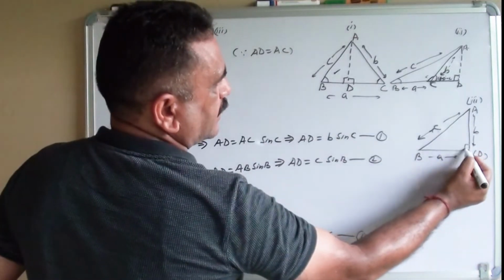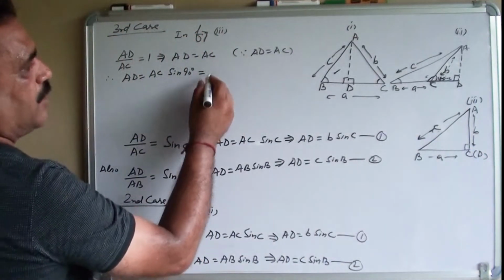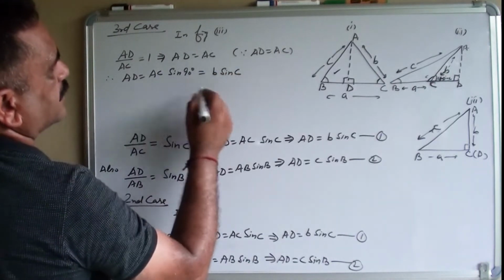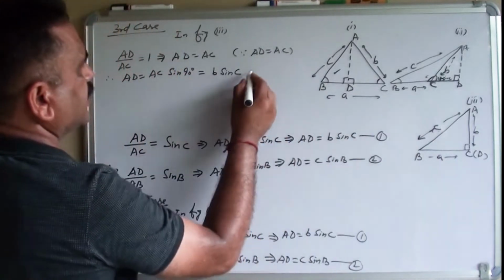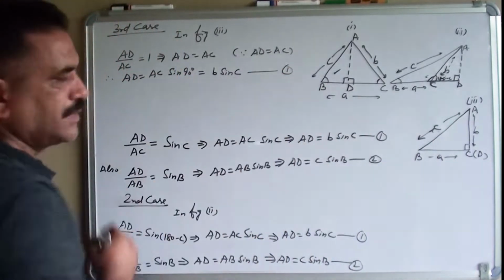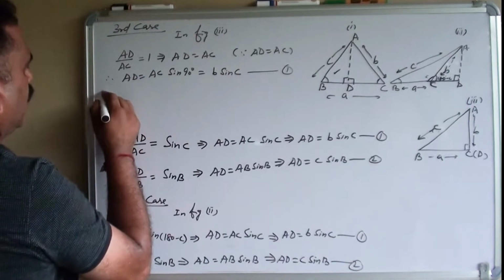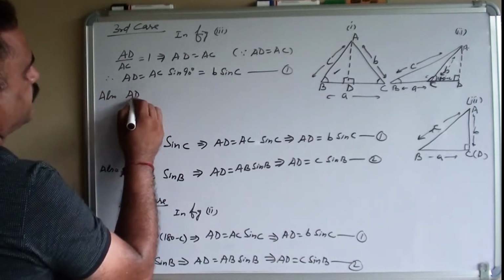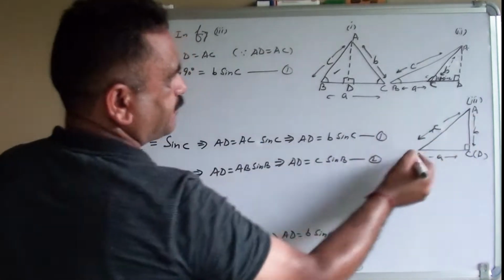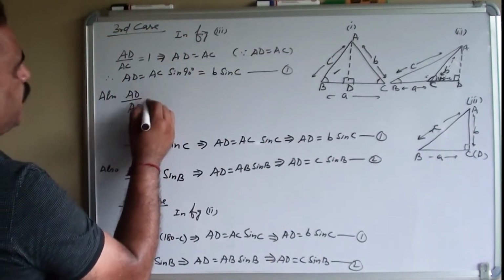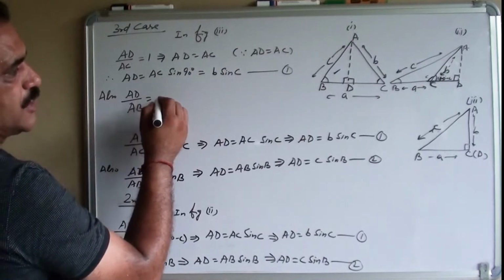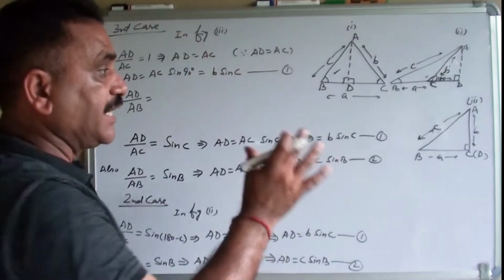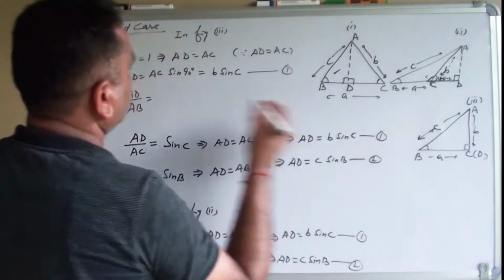This is 90 degree. So what is the value of AC? That is B, and angle is C, because angle C is 90 degree. So again, it is equation 1. Also, AD upon AB is equal to perpendicular upon hypotenuse. This is equal to sine of B. This angle now we are going to consider.